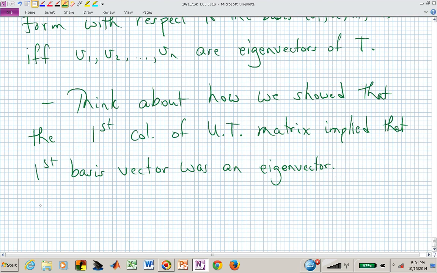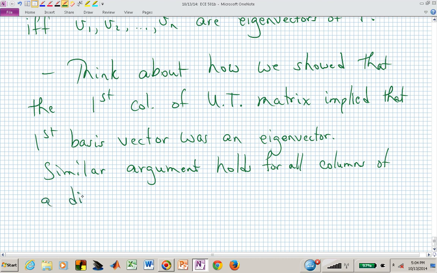Now we just want to extend that argument. A similar argument holds for all columns of a diagonal matrix.